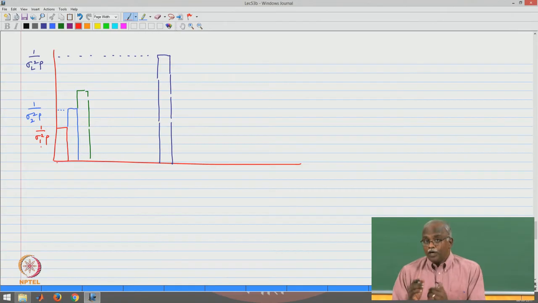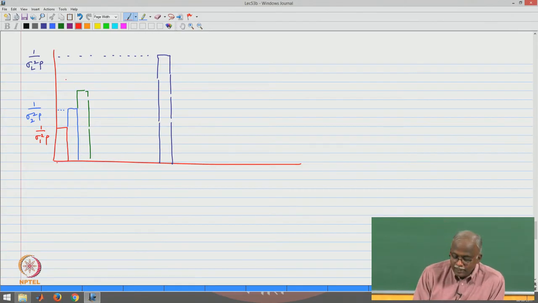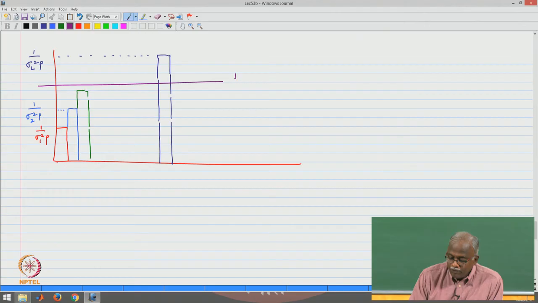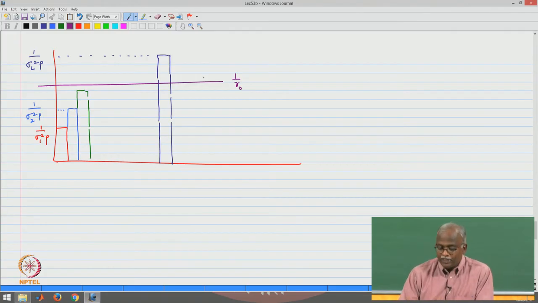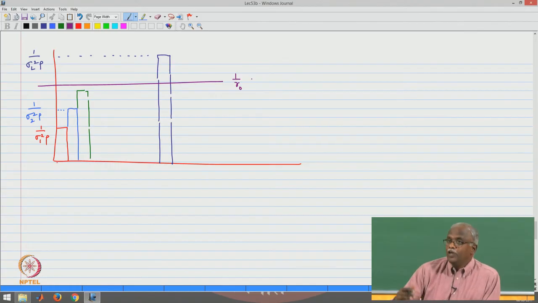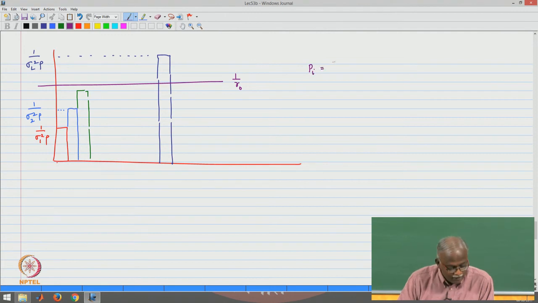Now, the water filling method says that there is a way of drawing a threshold, which is given by 1 by gamma naught. Any channel that lies above this, where 1 by sigma L squared rho is greater than 1 by gamma naught, will not get any power, because if you remember, the power allocation Pi is given by 1 by gamma naught minus 1 by sigma I squared times rho.